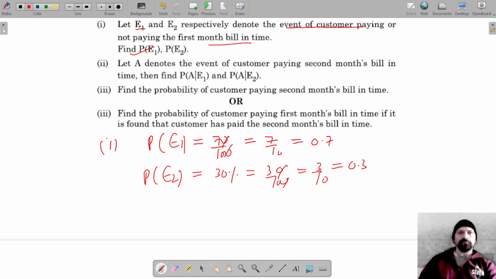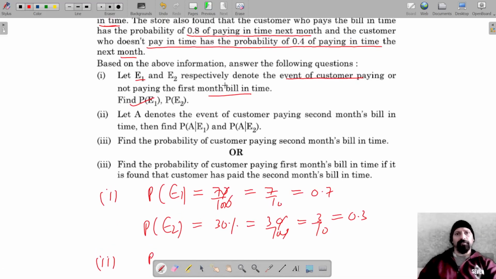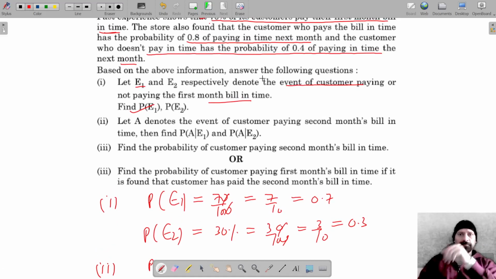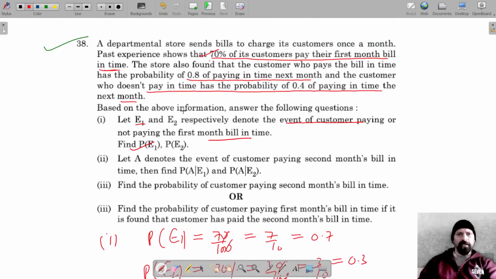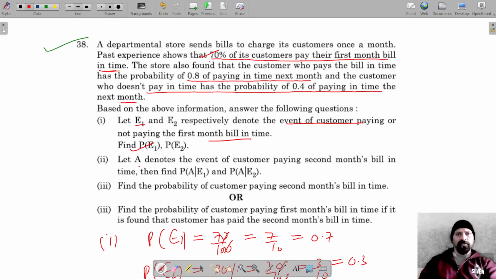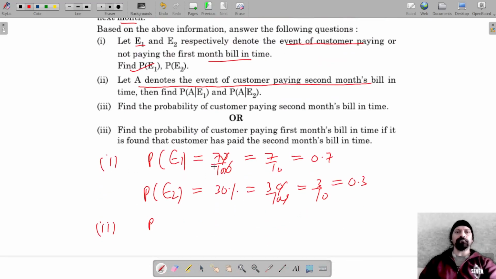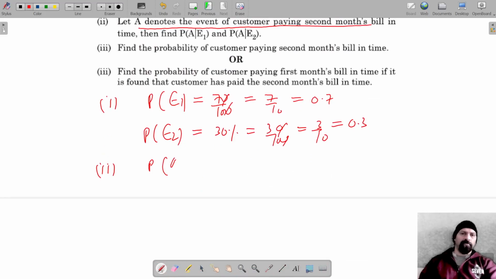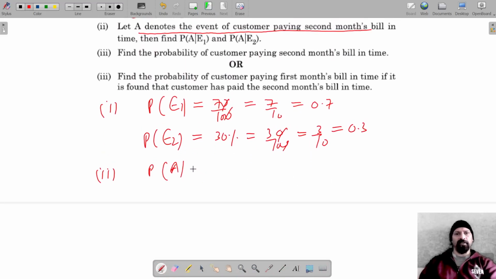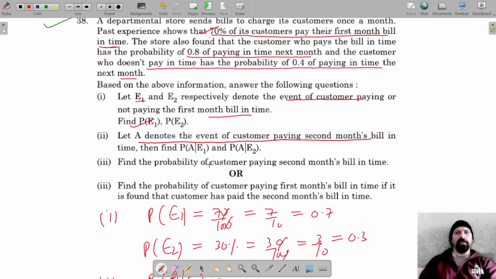Okay. Now the second question is we have to find the probability. It's given that A denotes the event of customer paying second month's bill in time. So we have to find the probability of paying the second month's bill in time when the customer had already paid the first month's bill in time, the probability of A by E1.